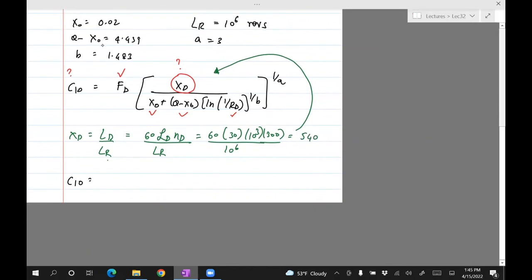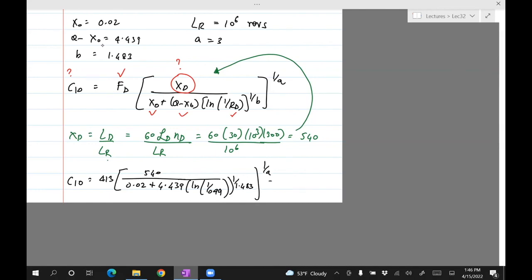So we get C10 equals 413 times (540 divided by 0.02) plus 4.439 natural log 1 divided by 0.99, raised to 1 divided by B. B is 1.483.